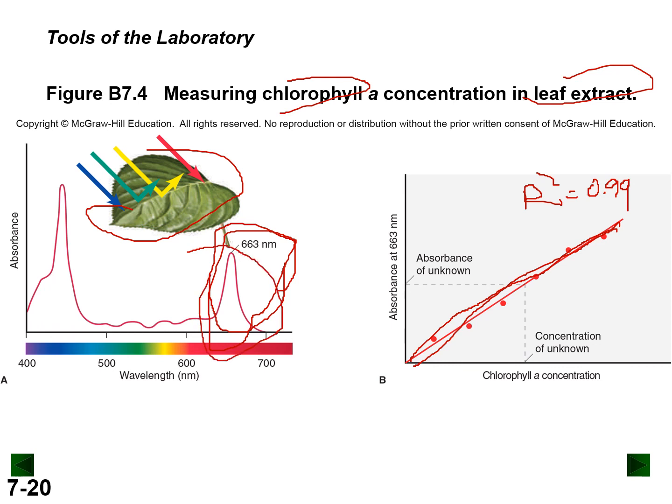You get the wavelength and the absorbance value. Since you already know the absorbance at 663 nm, you can read from this plot, and then you get the chlorophyll concentration for the leaf extract.